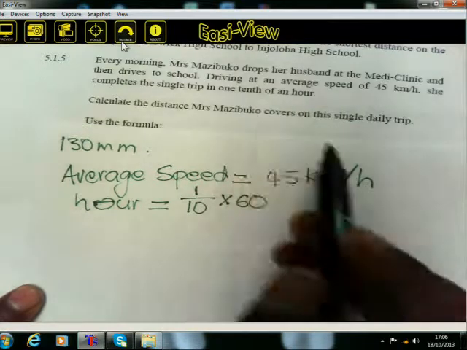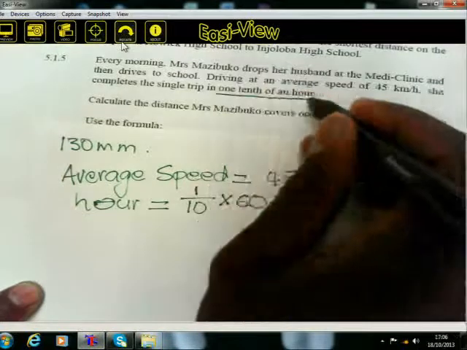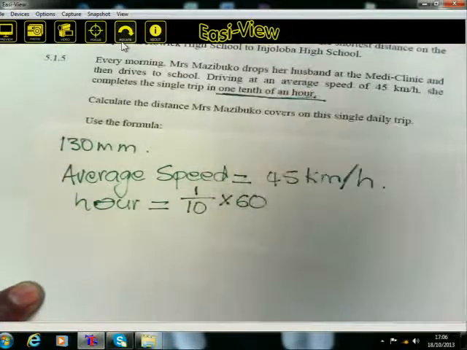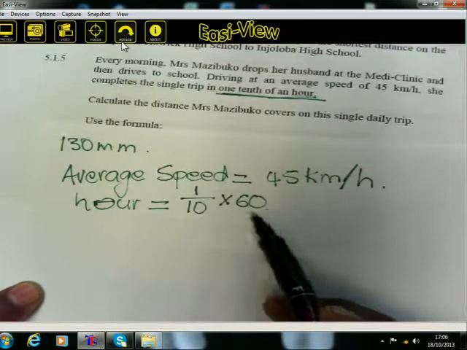Remember, because here it said 1/10 of an hour, which is 1/10 times 60.